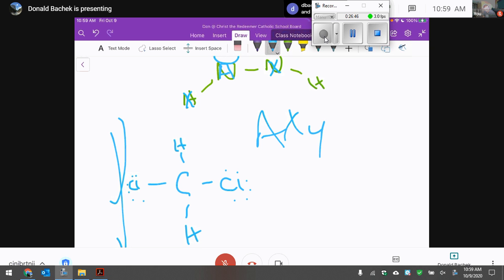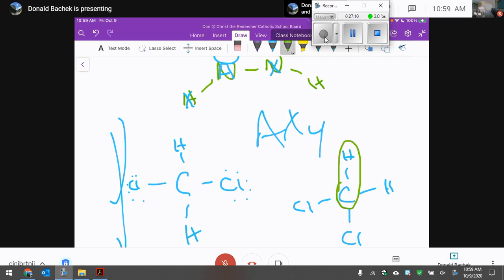So maybe an even better diagram would be something like this, it doesn't matter, where we can tell a little bit easier which ones, or in this case, they don't cancel each other out, right? If you had to go through and put electronegativities on here, or let's say I ask, tell me something about this C to H bond here.